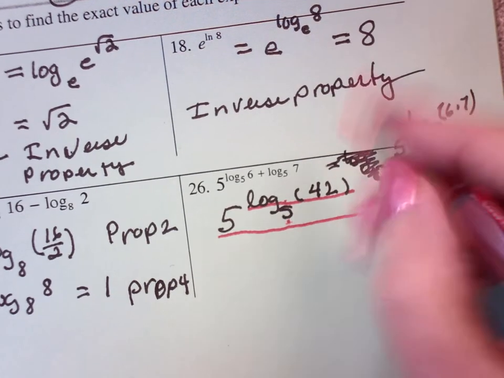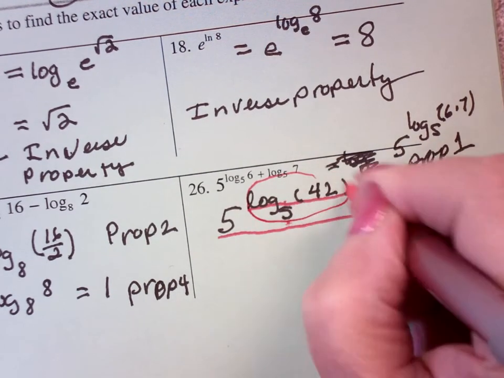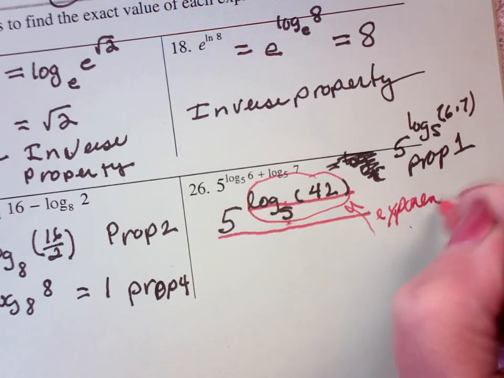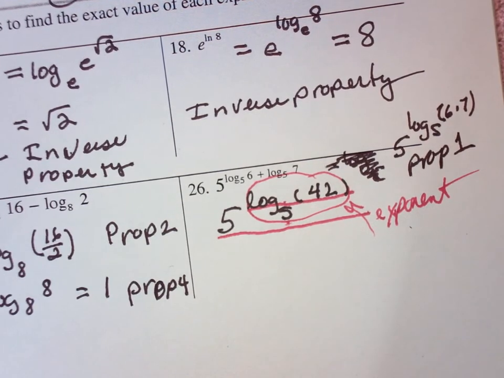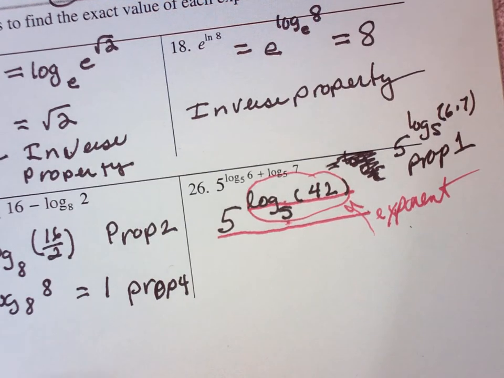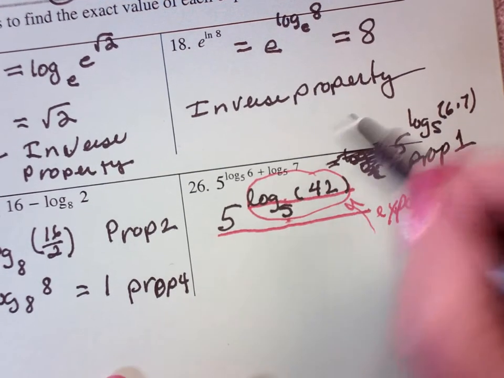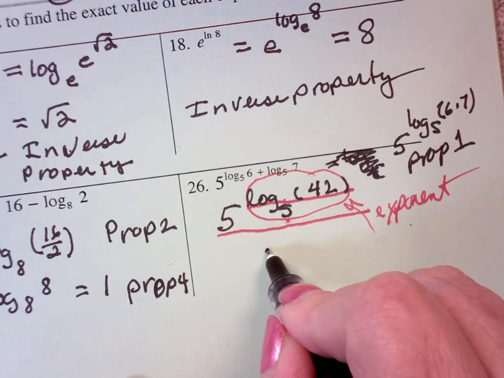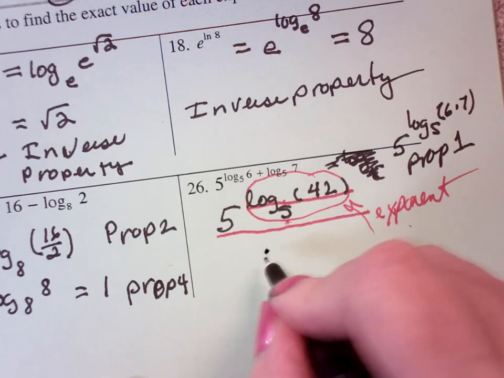Because this whole thing right here, that's an exponent. Then 5 raised to the log base 5 of 42 is 42, inverse property.